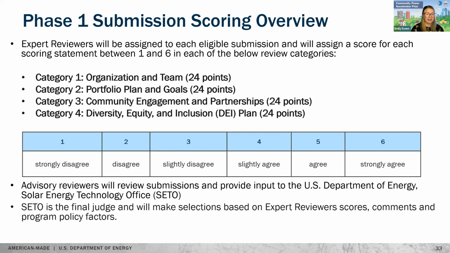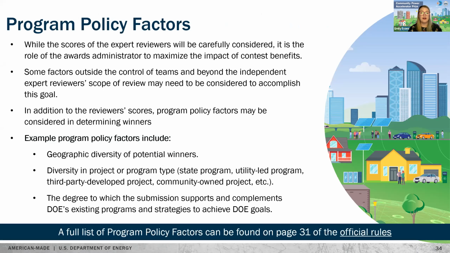Now on the next slide, so program policy factors are essentially elements that DOE and CETO will take into consideration when determining winner recommendations. And these are things like geographic diversity of the potential winners. You know, are all of our winners going to be located in one region? Do we want to spread them out throughout the country?